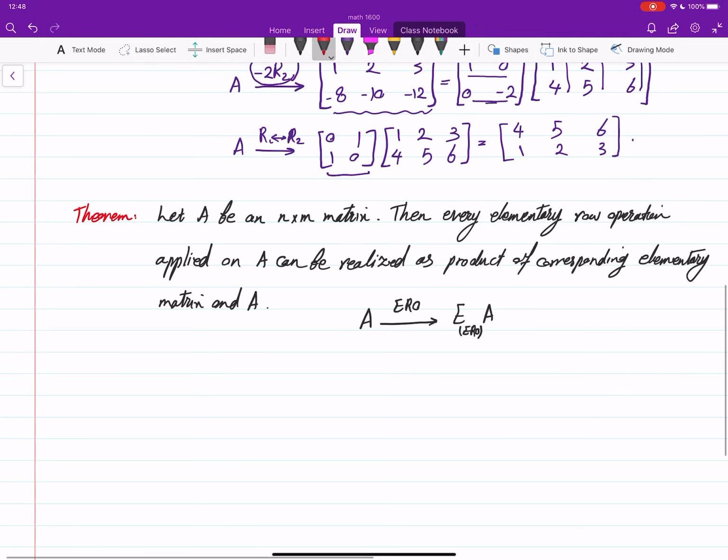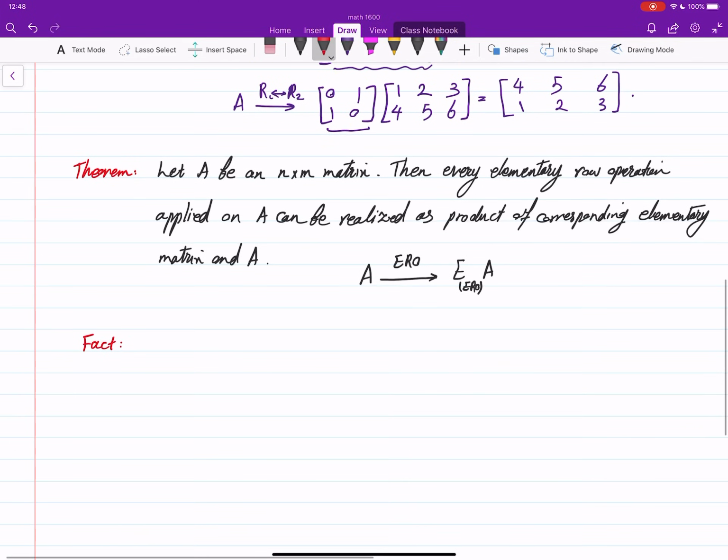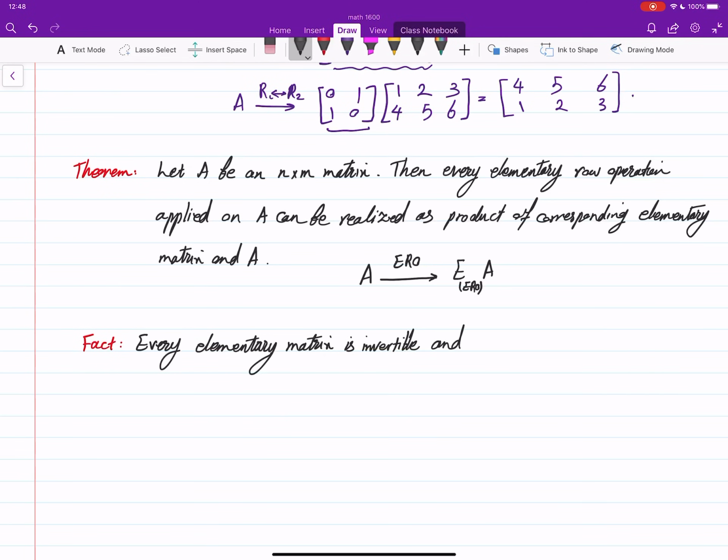This is another theorem I'd like to write as a fact: every elementary matrix is invertible and its inverse is another elementary matrix.